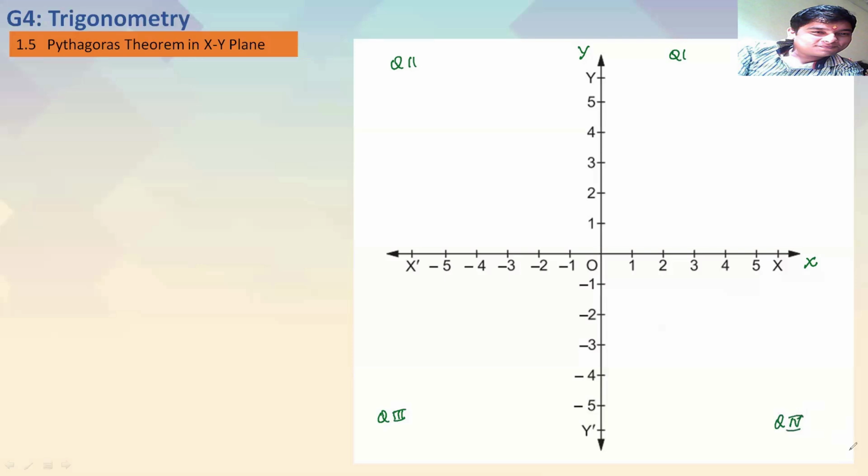Not much is required for trigonometry from this particular topic. Now notice, if you have a point over here, let's say this point A, can you figure out the location of this A with reference to the 2 axes?